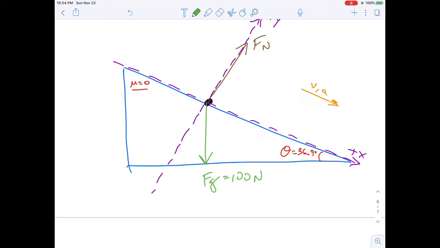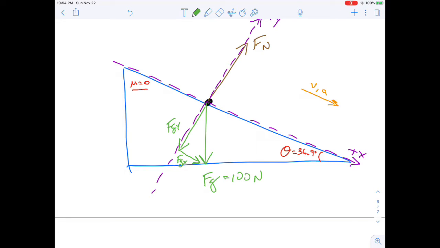So we're going to draw gravitation, and this is FGY, because it's acting along the y direction, even though I have the y direction kind of tilted, and this is going to act along the x direction. And that's going to be FGX. So I now have gravitation in components, which we've never done before.